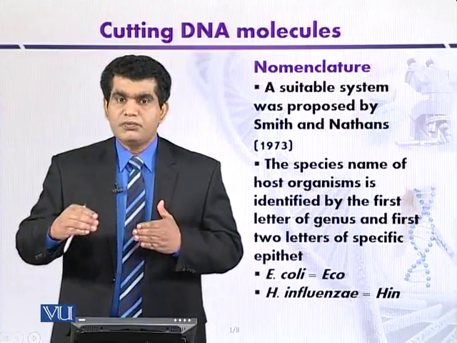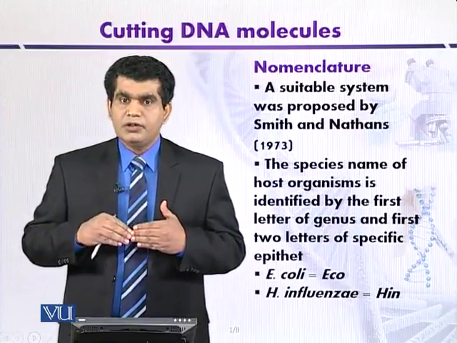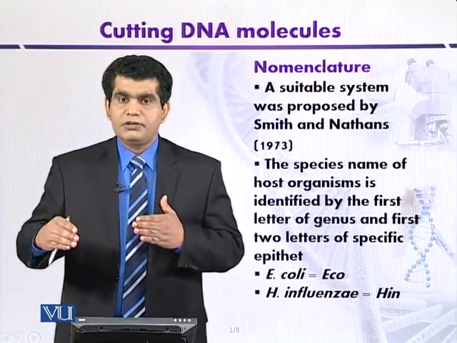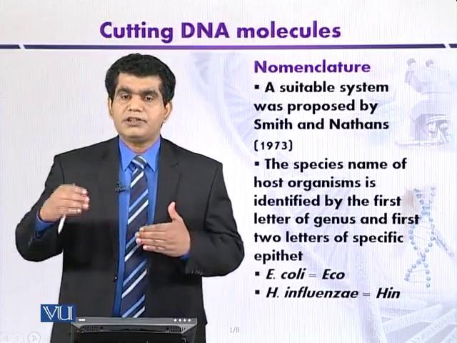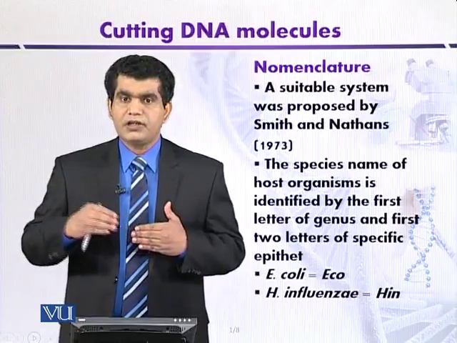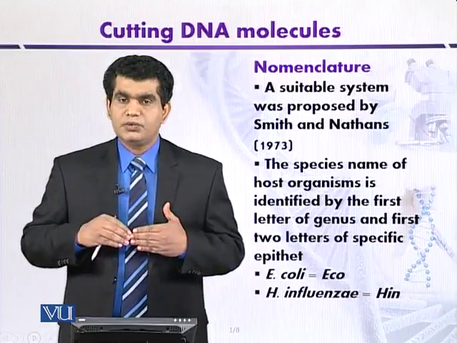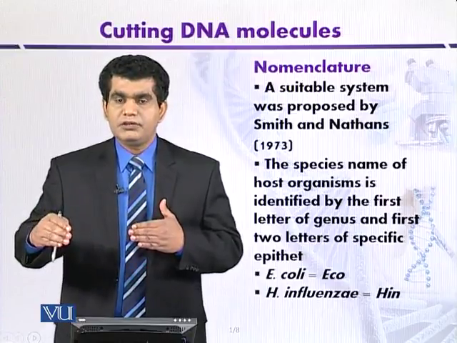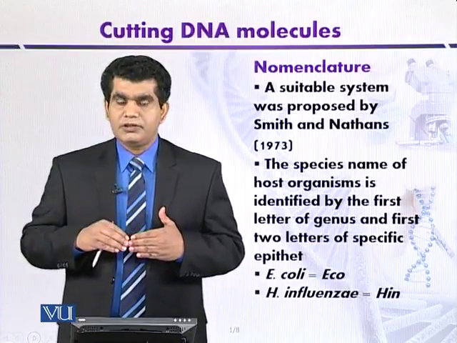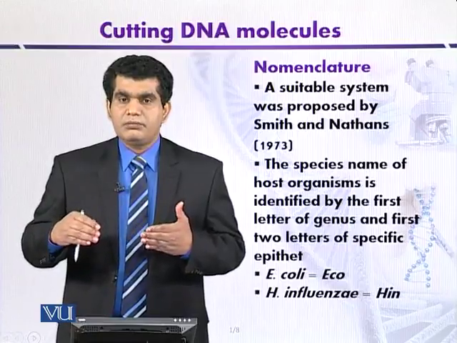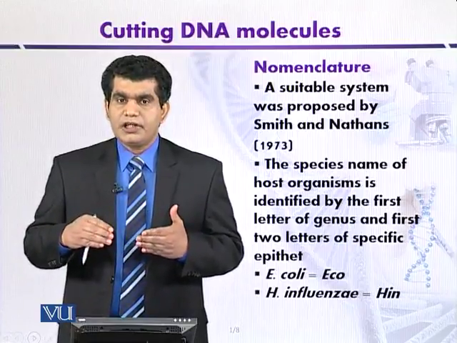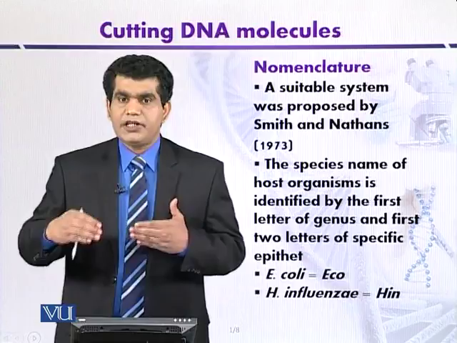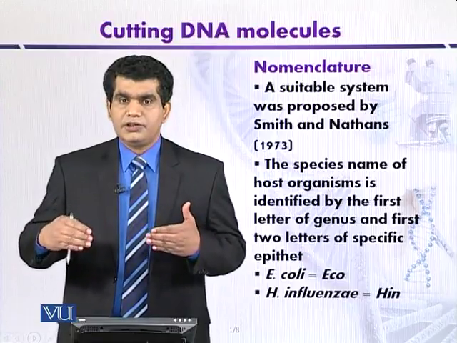The next two letters of the restriction enzyme will be selected from the specific epithet, that is the second name of the species, like coli. So the first two letters, CO, will be selected from the specific epithet, and the name becomes ECO. ECO means that the restriction enzyme has been isolated from Escherichia coli.